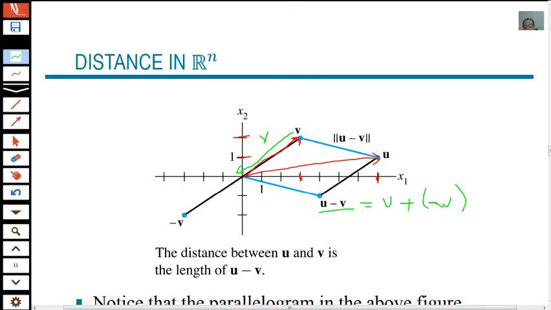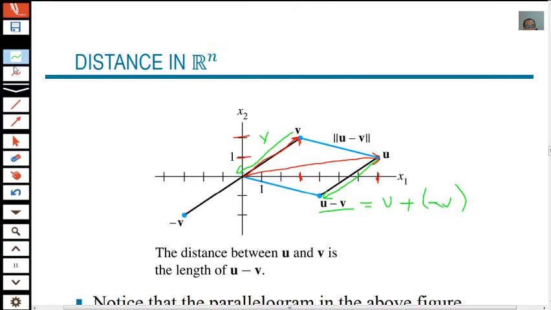Therefore, we unite the terminal point of the vector u and the initial point of minus v. By combining the origin and the terminal point of this combination, we find u minus v, which is the blue one, as you can see.